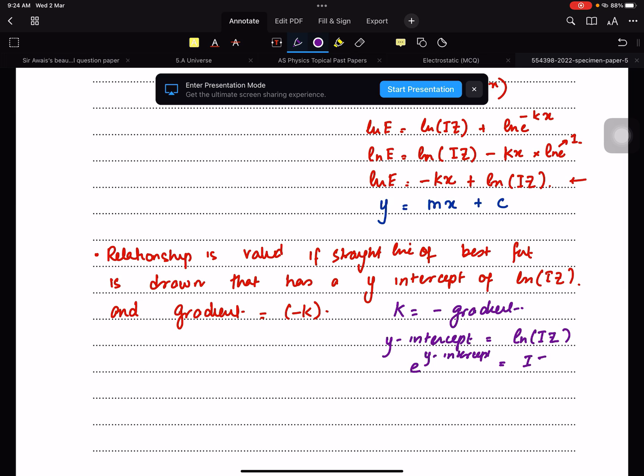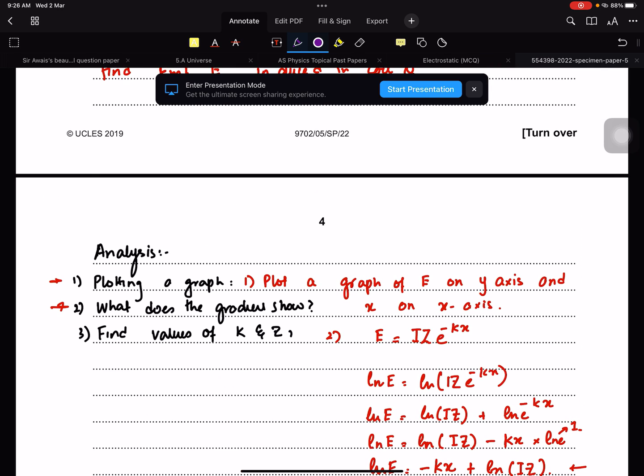Equals to IZ. Now it means that z will be equal to E of y-intercept divided by I. And this is how I'm going to tell him that you find E and K right here. So I'm going to get a total of, I think, 3 marks for this, for each question.